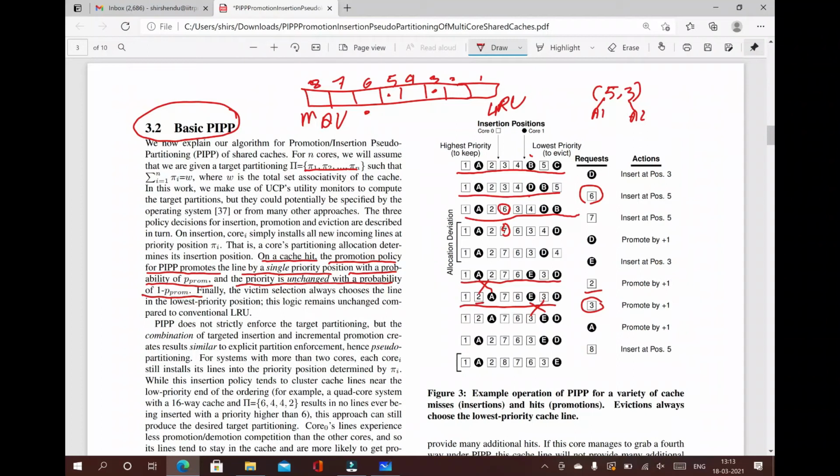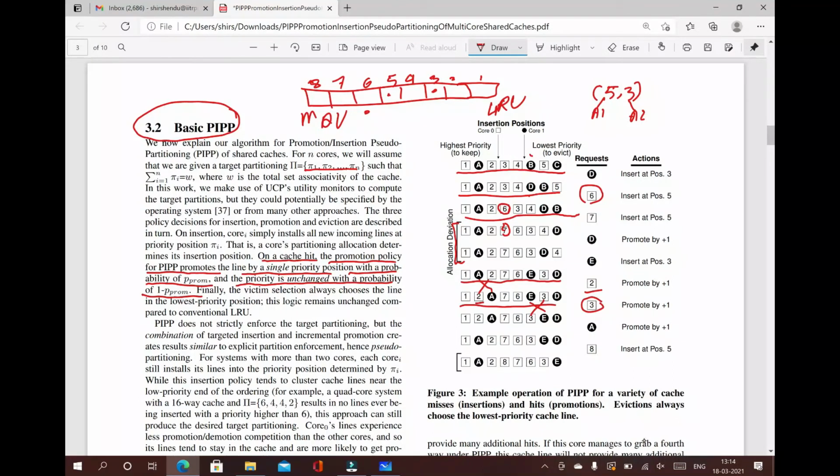Right. So here you can see these two lines, in these two lines the partition is deviating. The partition is actually not 5 3, it's 6 2, because there are 6 from A1 and only 2 from A2, right? So in this case they are deviating, and for this deviation they are improving the performance. So that is the only difference.